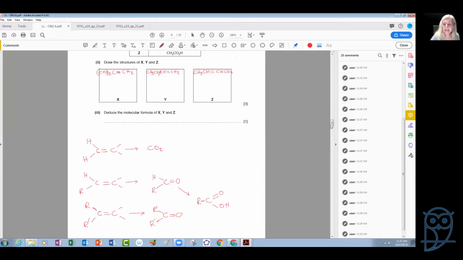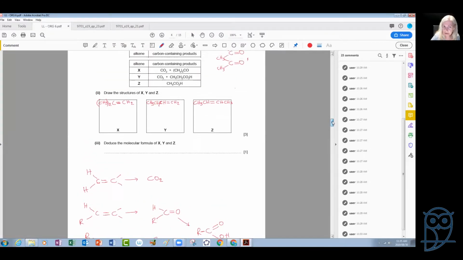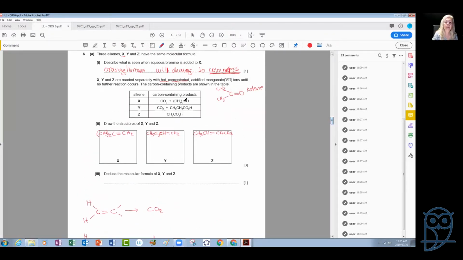So in this case now, they give us the carbon-containing products of these alkenes in the table. And we see here we have carbon dioxide and a ketone. This is a ketone, we can see the carbonyl group there.